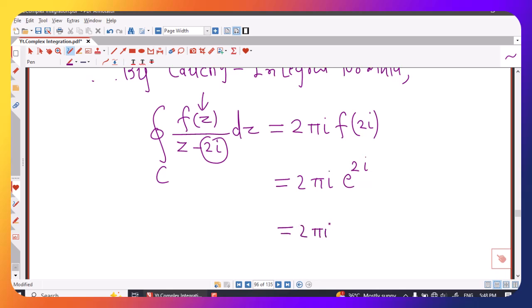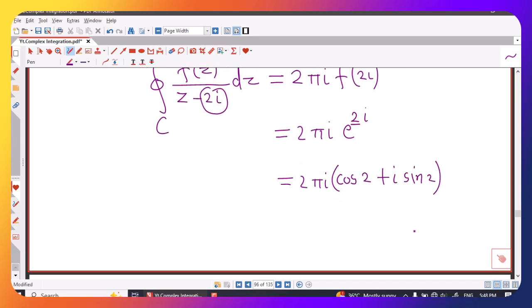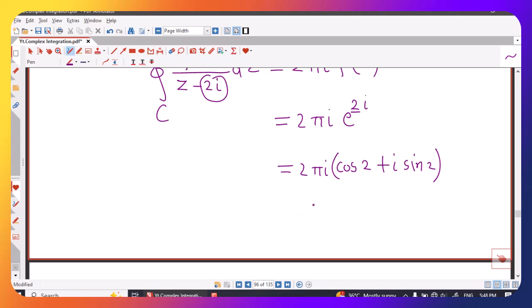And now we can use Euler's formula. We know that e raised to i theta is cos theta plus i sin theta. Here theta is 2, so we have cos 2 plus i sin 2. And if we wish, we can simplify this.